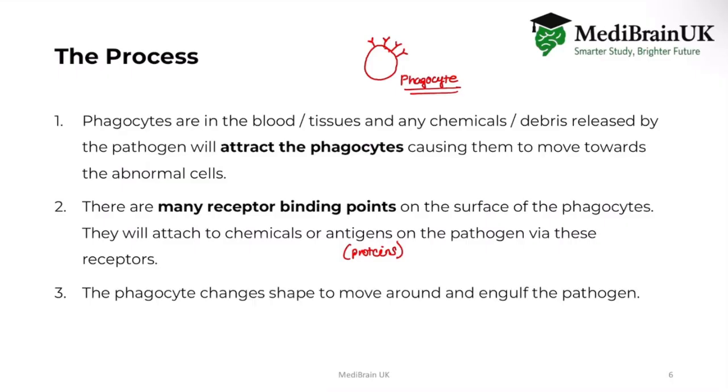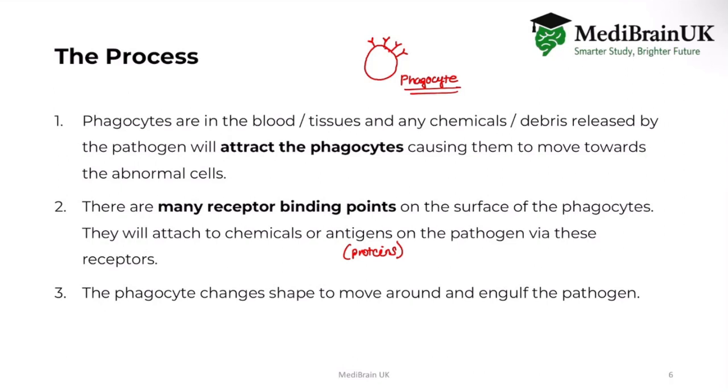Once it's bound, the phagocyte is going to change shape, move around, and engulf that pathogen. Engulfing is the same as GCSE. In GCSE, the first step was engulf: the white blood cell phagocyte engulfs the pathogen.